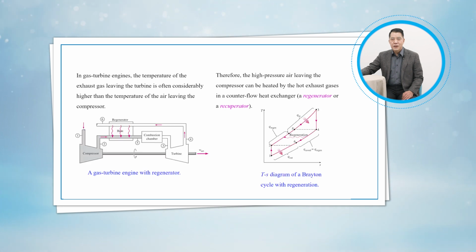A sketch of the gas turbine engine utilizing a regenerator and the T-S diagram of the new cycle are shown in figures 10-31 and 10-32 respectively.